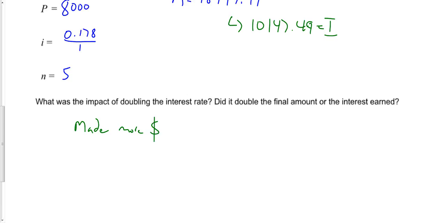Did it double the final amount, or the interest earned? It did more than double the interest earned. So it did not double the final amount, but it did more than double the amount of interest that we earned. So that's the first part of our investigation.